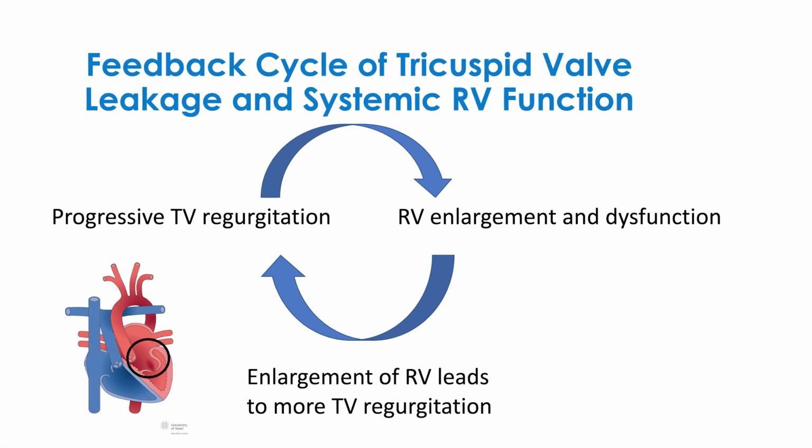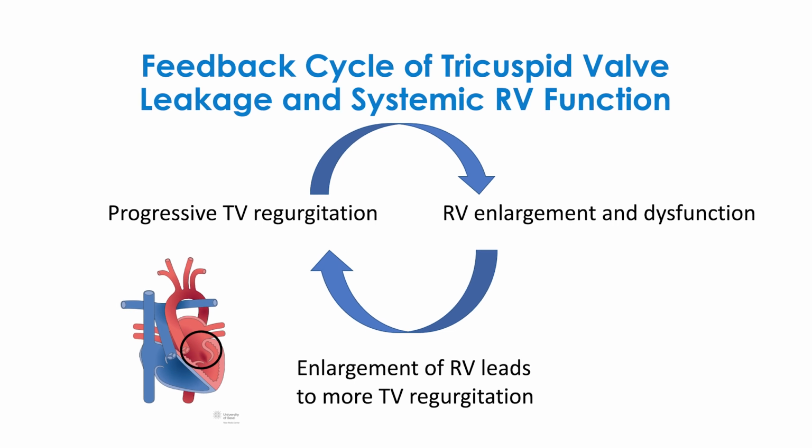Because of this association, there's been a lot of interest in seeing if we can refer somebody with a really leaky tricuspid valve early for surgery to either try to repair or replace the tricuspid valve. The question is, by decreasing the leakage, can that decrease the workload on the right ventricle and prevent or at least slow the decline in RV dysfunction over time and then reduce the risk for heart failure and arrhythmia?